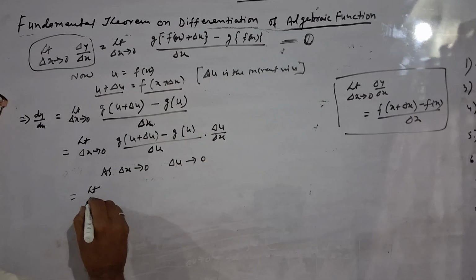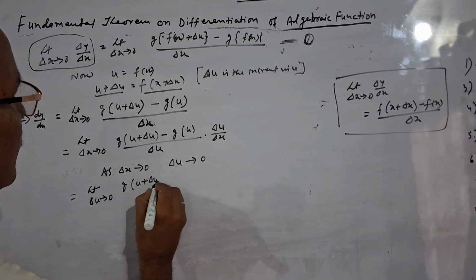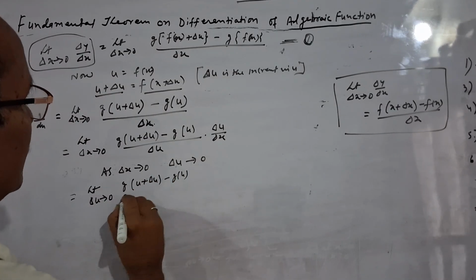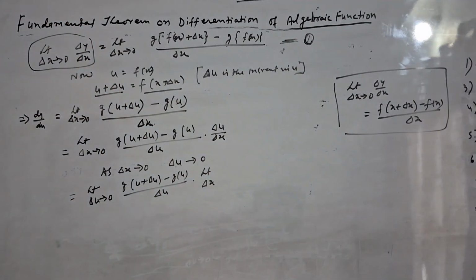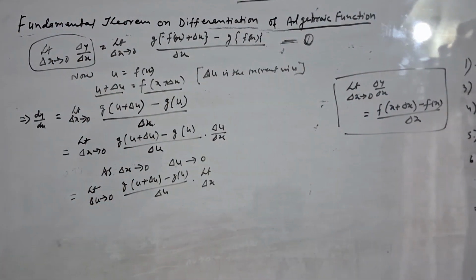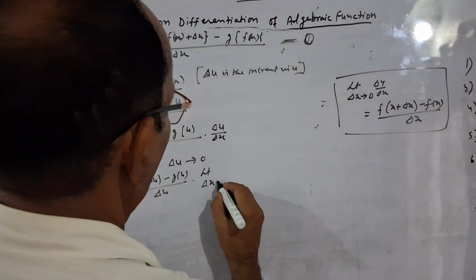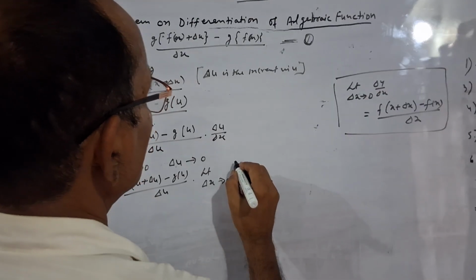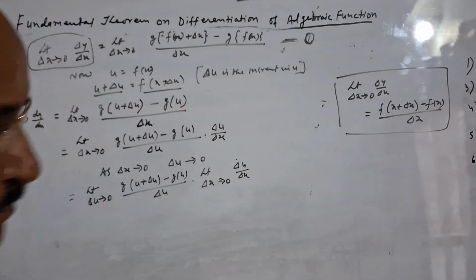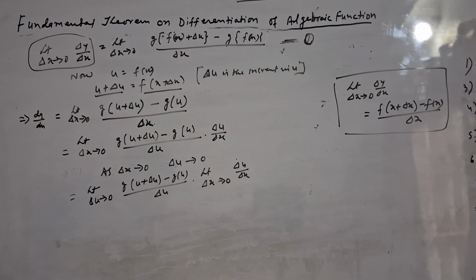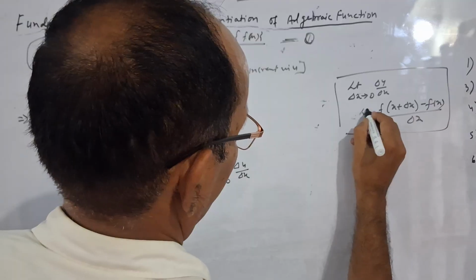So we can write limit delta u tends to 0, g into u plus delta u minus g into u divided by delta u, into limit delta x tends to 0, delta u by delta x.